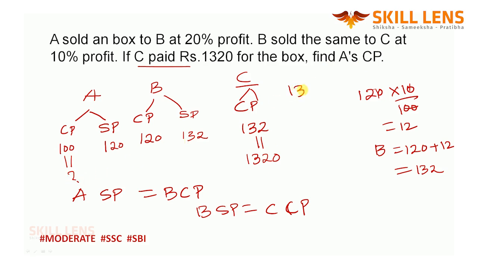So 132 equals 1320, then 100 is equal to how much? If you calculate 100, A's cost price is going to be 1000 rupees. Okay. Thank you.